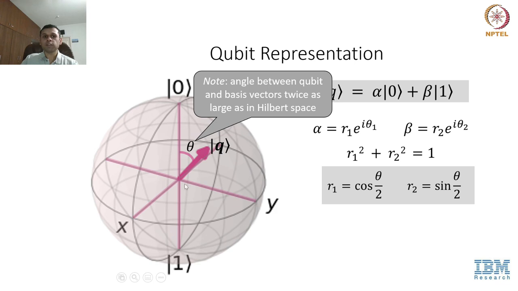But here our basis vectors 0 and 1 have an angle of pi with each other, which is double. So that's another intuition you can take. That's why, though the mathematical representation has a theta by 2, visually the term theta is what matters when you look at the angle between the qubit and the z-axis.